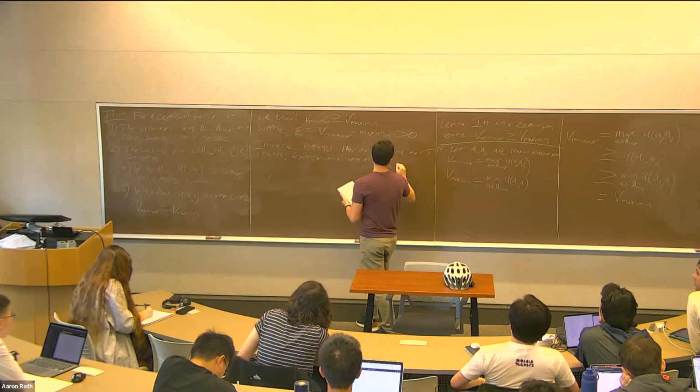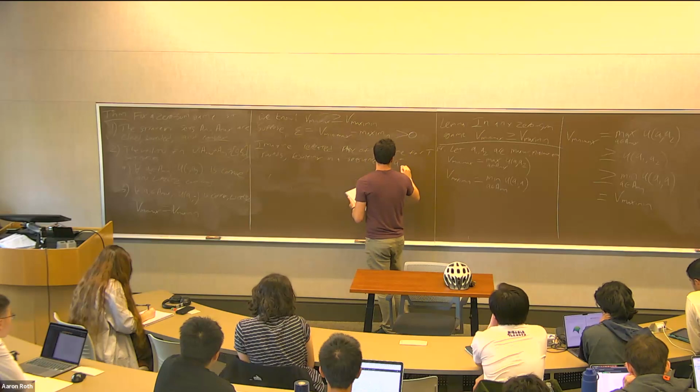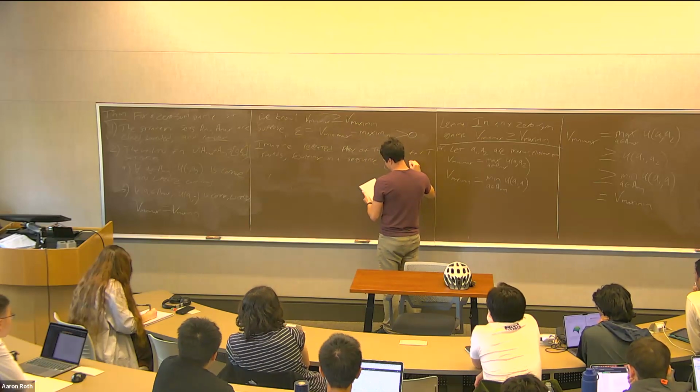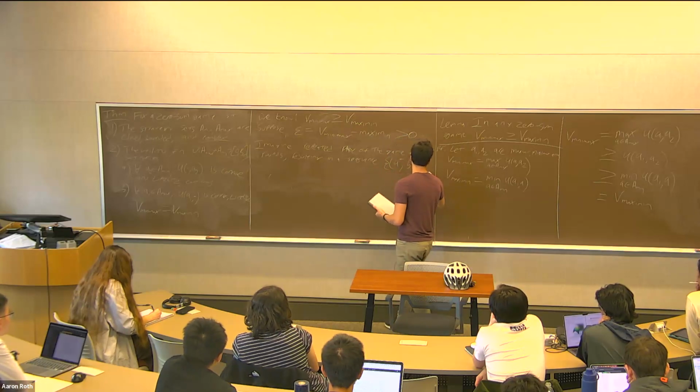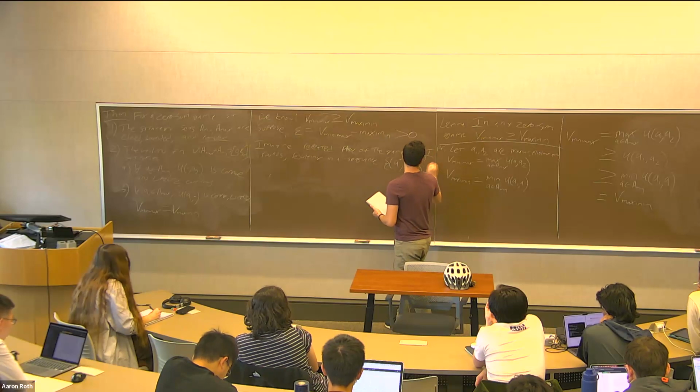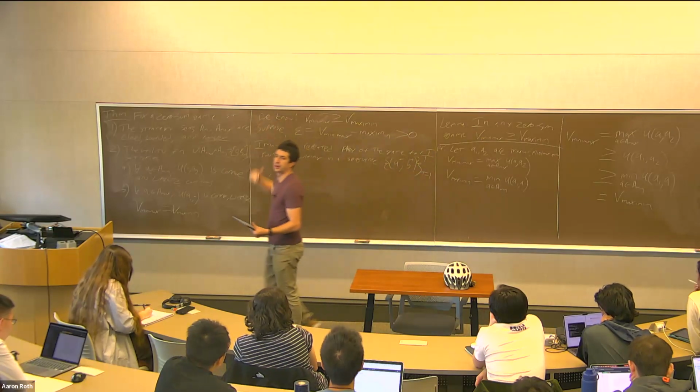So every round, let's say that Max plays A_t and Min plays B_t. So we have a pair of actions played by each of the players at each round, little t, and this ranges from 1 to big T.